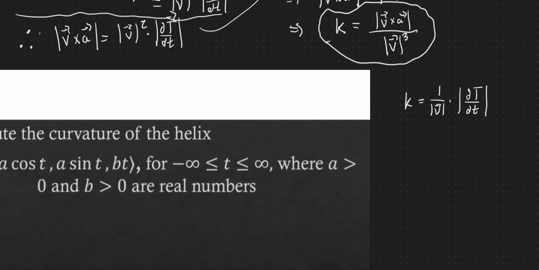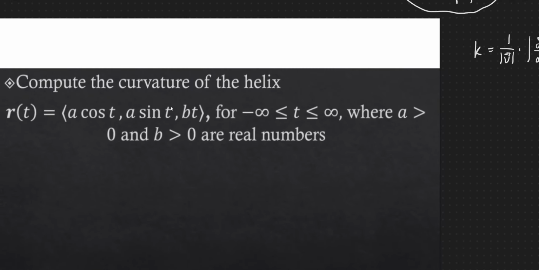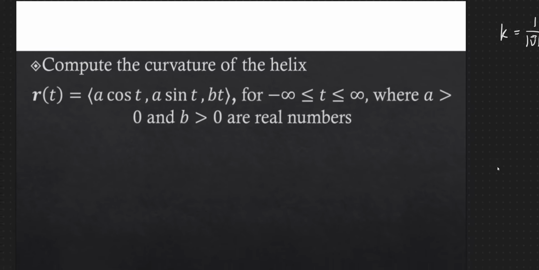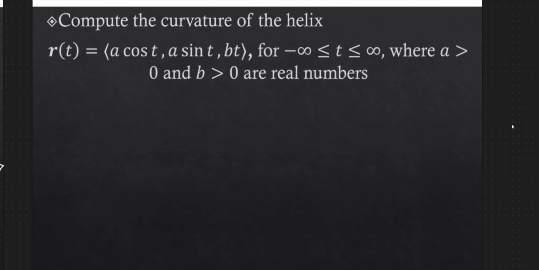You can see if you compute velocity and acceleration that the hypothesis is satisfied that velocity and acceleration are nowhere 0 for this curve, for this helix. So we could use that one. I'm going to go ahead and use the derivative of the unit tangent vector formulation for curvature. So that is, I'm going to be computing curvature as an output of t, which is 1 over v times the magnitude of dT/dt.